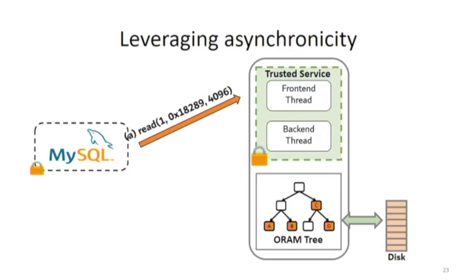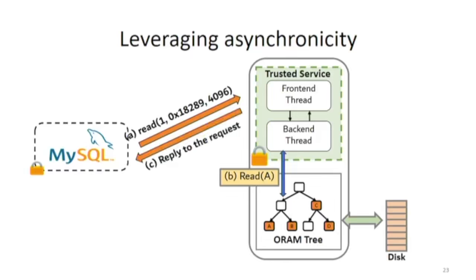One is the front-end thread that handles all incoming requests. The other is the back-end thread that handles whatever request the application made. The front-end thread just asks the back-end thread to read whatever block it is, and then the back-end thread reads it and replies right then.